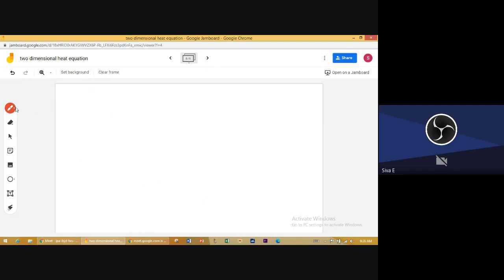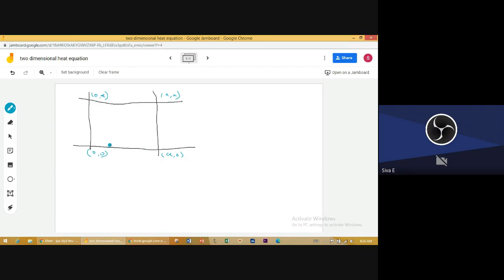Second one is a square plate. What are the points here? The points are 0 comma 0, a comma 0, a comma a, and 0 comma a.